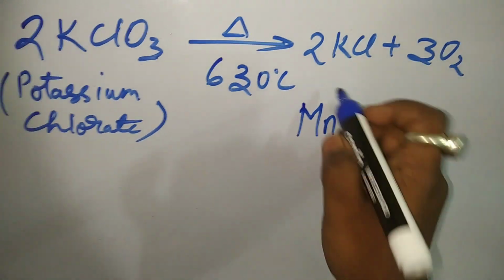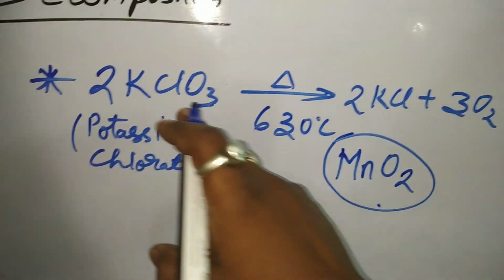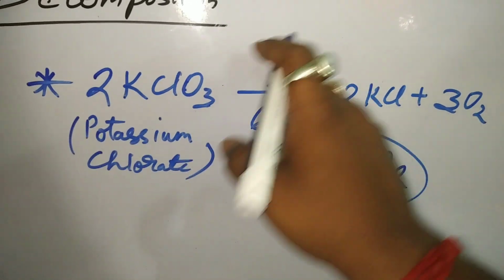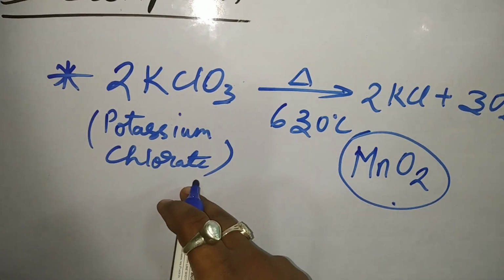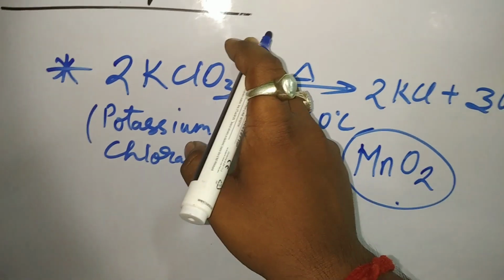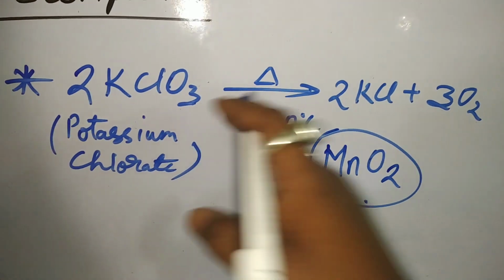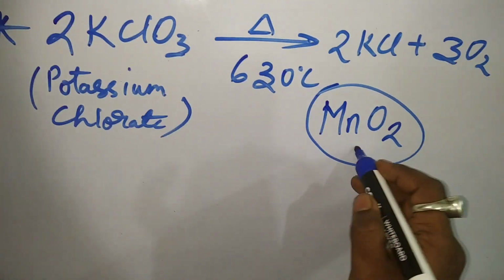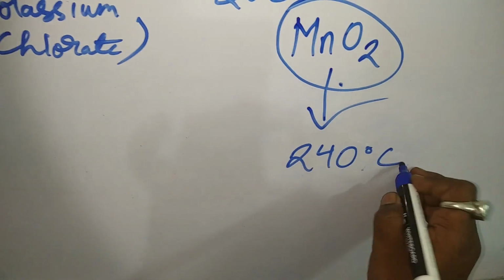I will give manganese oxide. It is a catalyst. When I give heat to break down the potassium chlorate, I will put manganese oxide with this compound and it will reduce the heat to 240 °C.